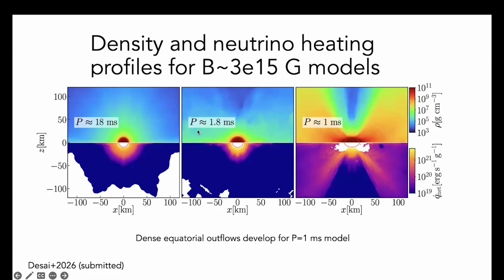And so here you can see that as the rotation rate increases, you get a large centrifugal boost because of the high rotation rate in the equatorial region. And so you get high density outflows in the equator, high Ṁ as well, as opposed to the polar region, in particular for the rapidly rotating model, compared to the slower rotating models.